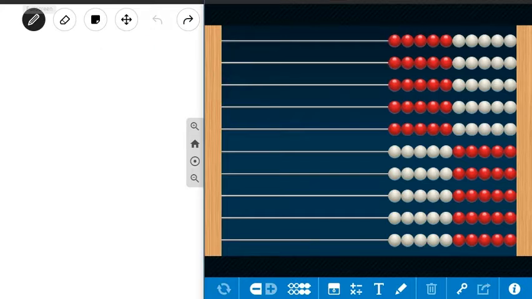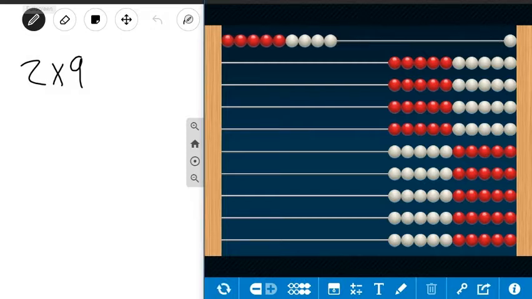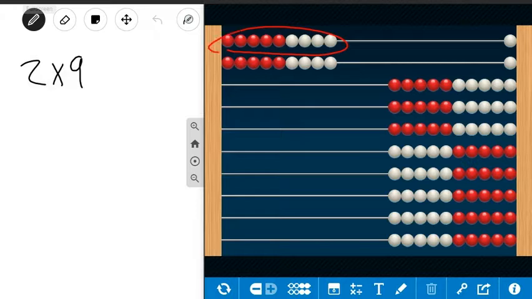And if I were to do 2 times 9, again, I'm saying I have 2 rows of 9, which is the same as saying I have 9 2 times. 9 here, 9 there. So 2 times 9 equals 9 plus 9, which is 18.